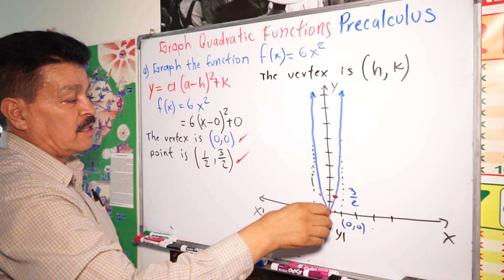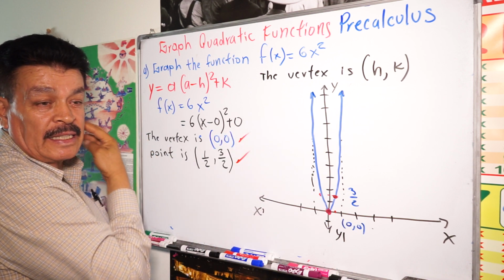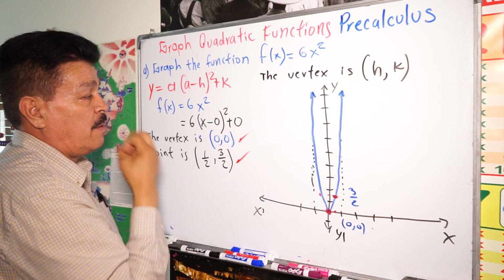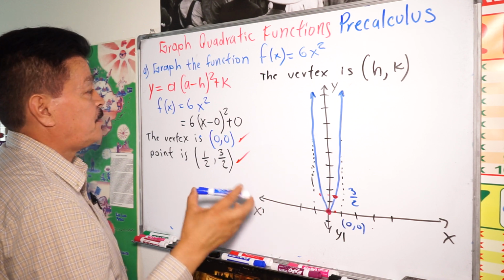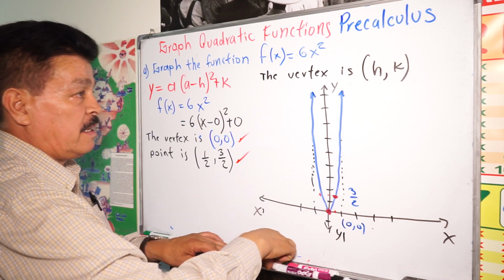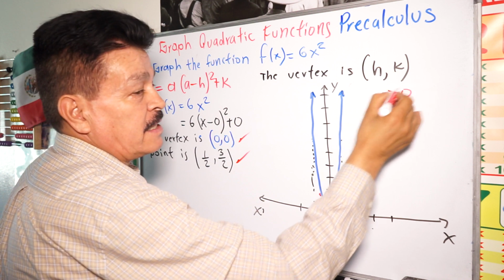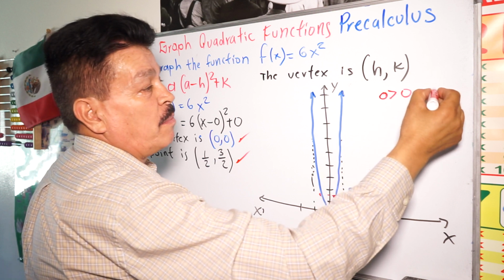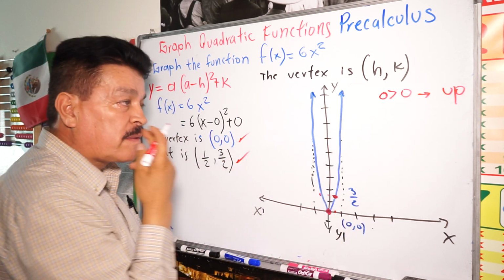This case opens up, because the vertex is (h, k). Let me write right here: when a is greater than 0, then the parabola opens up. You want to write down those clues.